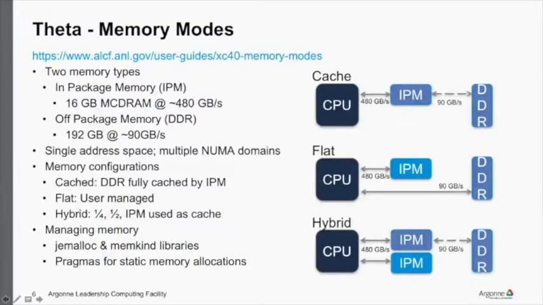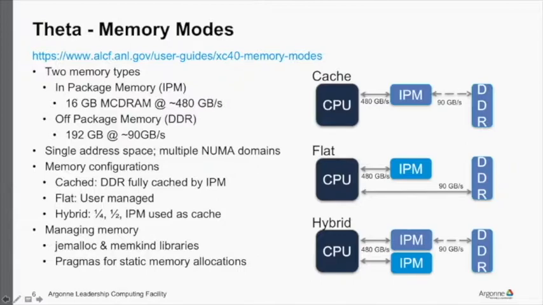A little more details on the memory modes. This is one of the things I think that is unique to the KNL. There are 2 types of memory on the node. There's the DDR4 memory and the high bandwidth memory. And your application can access these memory address spaces in a number of ways.